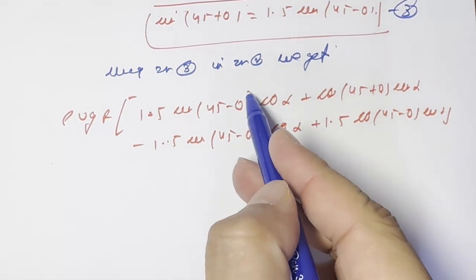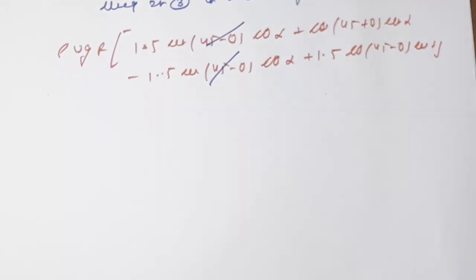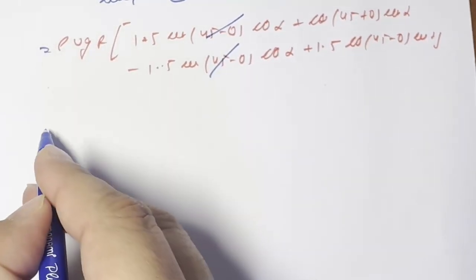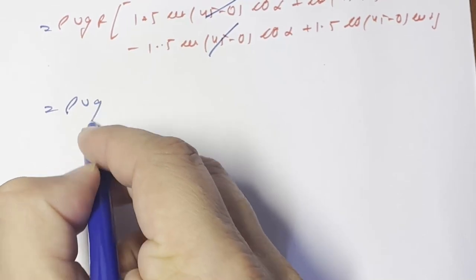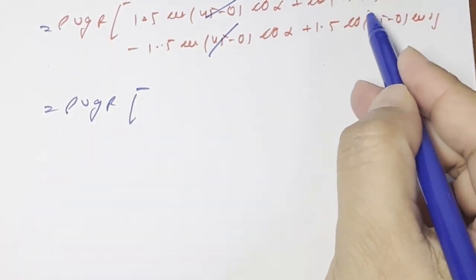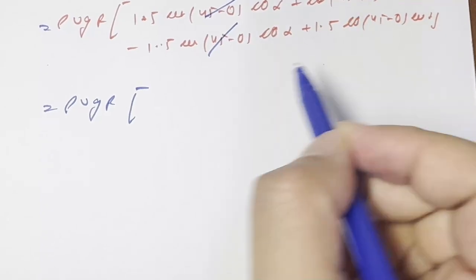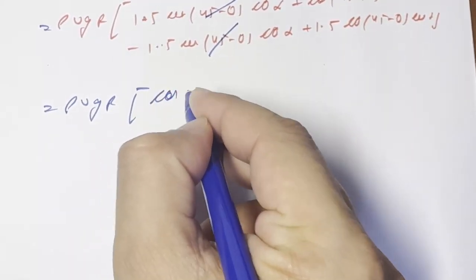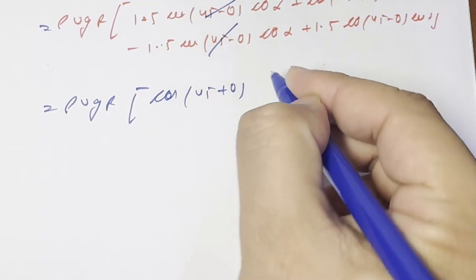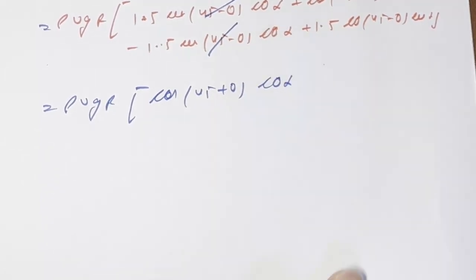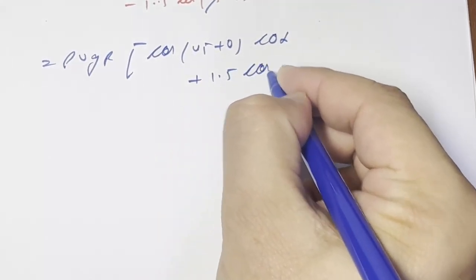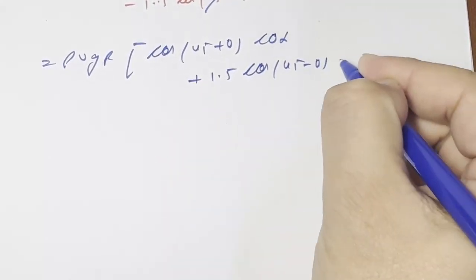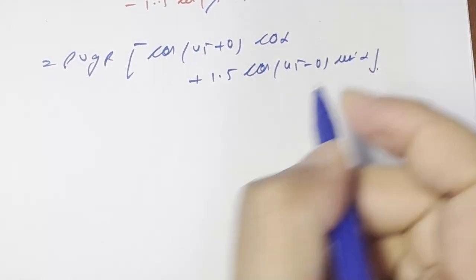So these two terms cancel out, and we are left with rho V g r times cos of 45 plus theta cos of alpha plus 1.5 cos of 45 minus theta sine of alpha.